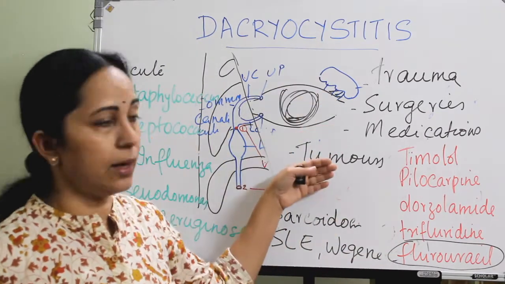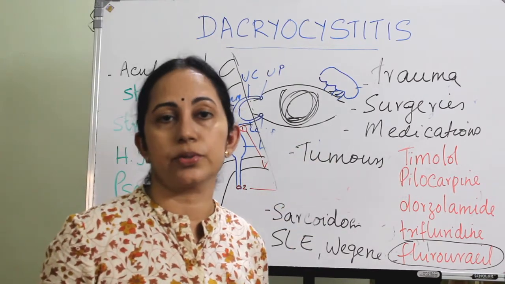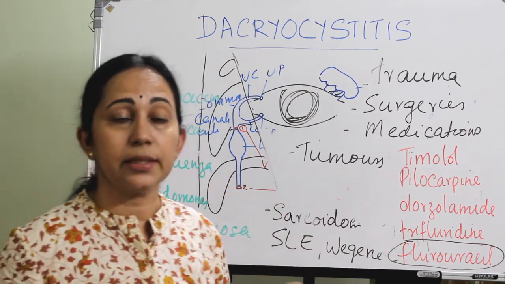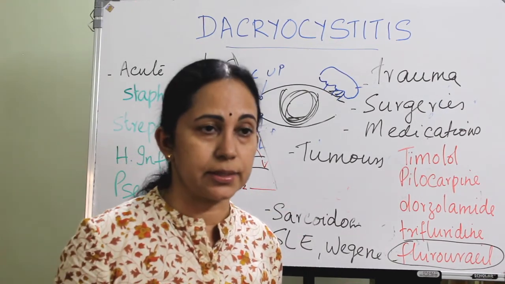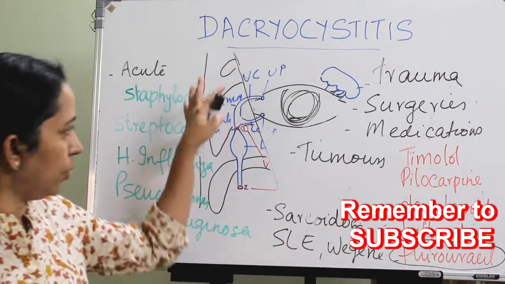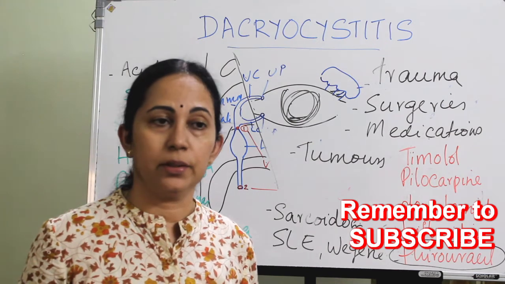So all these are acquired causes of dacryocystitis. And regarding congenital dacryocystitis, before delivery, the whole lacrimal apparatus is filled with amniotic fluid.